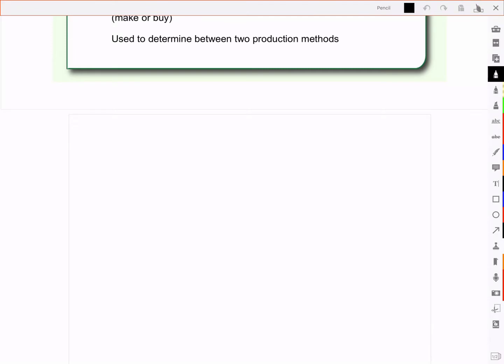When we talk about break-even, what we mean is that your total revenue, the money you're bringing into your business, is equal to your total cost. So we're making no profit because the money we're bringing in is equal to the cost to make it. When we talk about total revenue, we're talking about the quantity that we are selling times our revenue per unit.